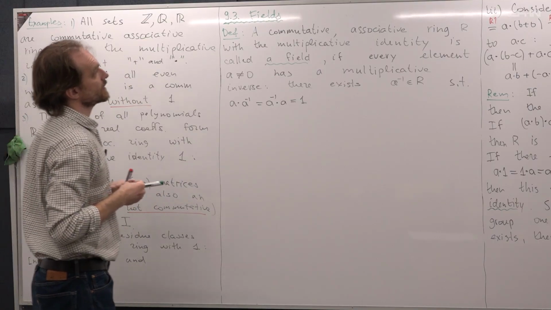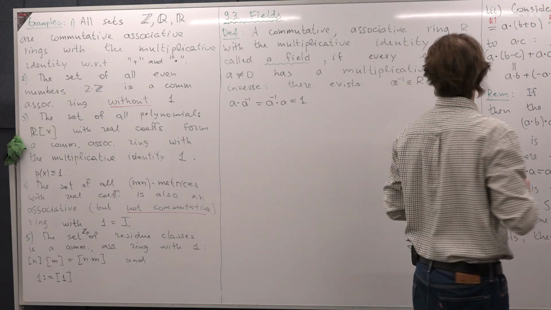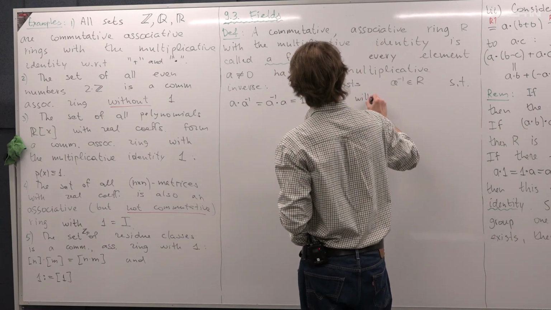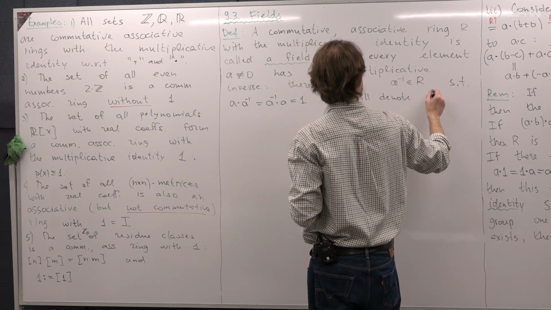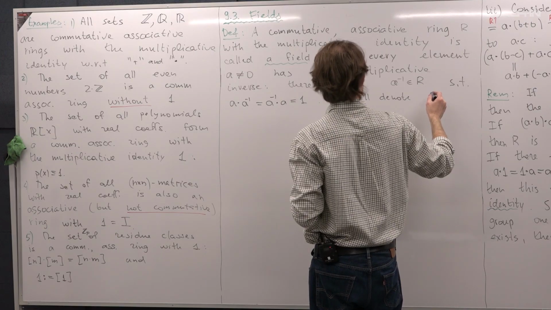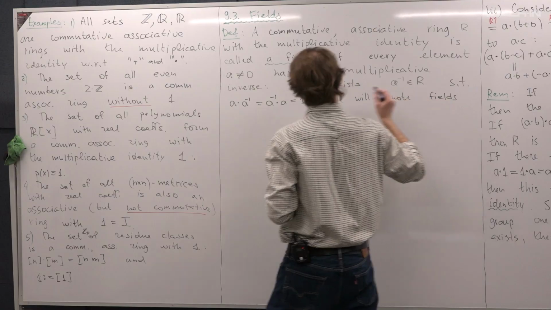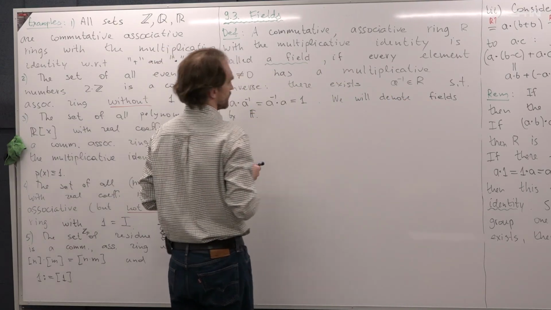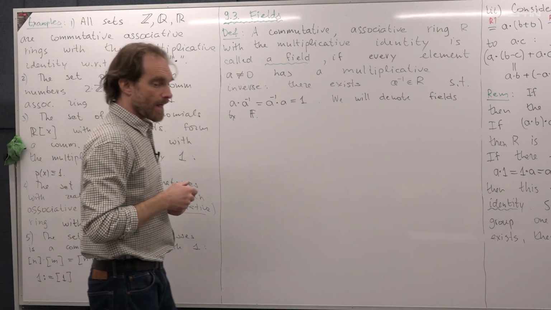So in this case, this ring is called a field. And so we will denote fields by blackboard bold F. This would be a standard notation for an arbitrary field.